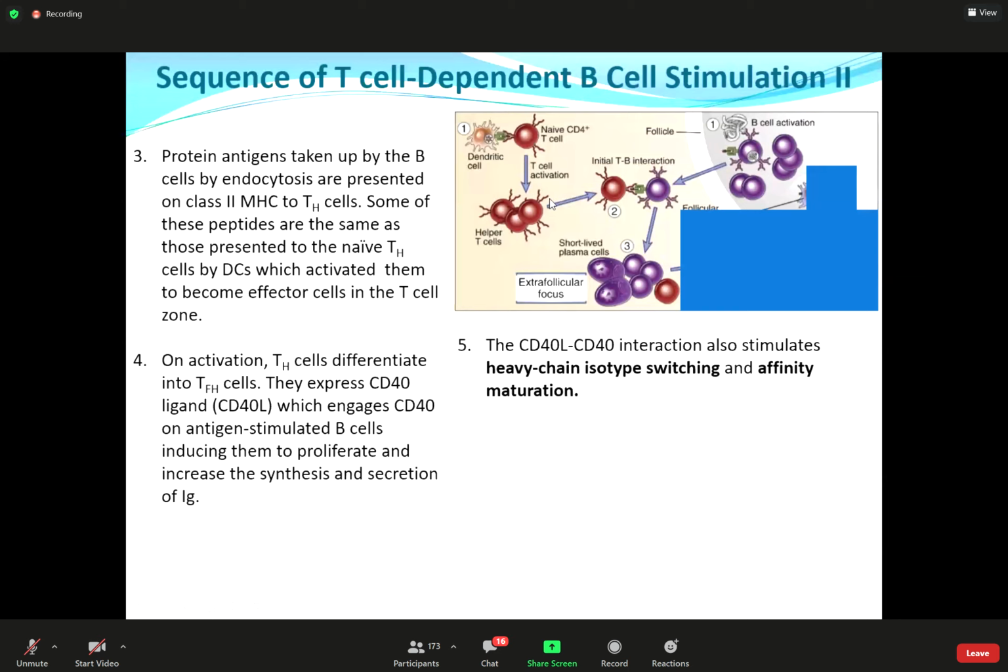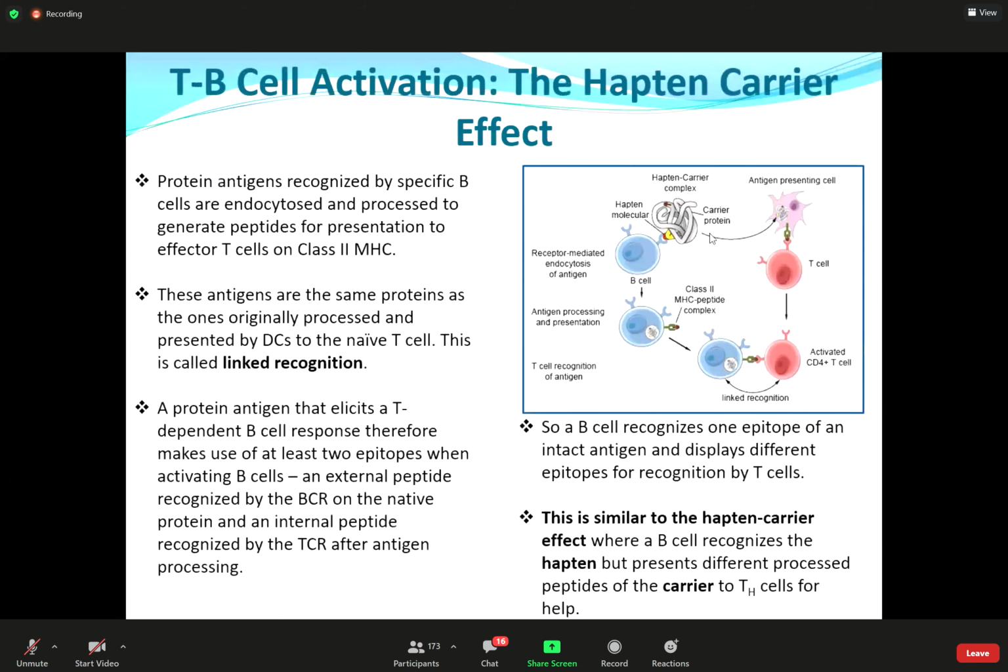This process is called linked recognition, referring to the association of the T and the B cell coming together within this marginal zone. But the fact that the B cell is presenting the same epitope to the T cell, even though it recognizes a different epitope on the antigen, is similar to the hapten carrier effect.